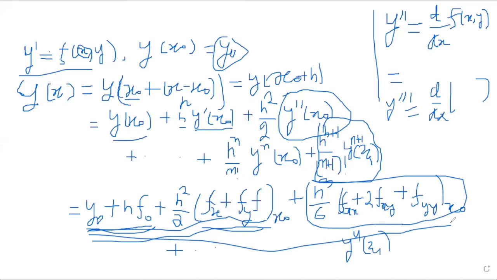So can anybody tell some drawback of Taylor's based method? Here we need to find the derivatives of functions. Please speak loudly. Yes, we need to find many function evaluations, many derivatives.